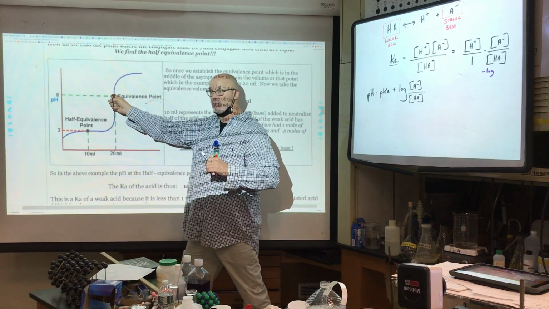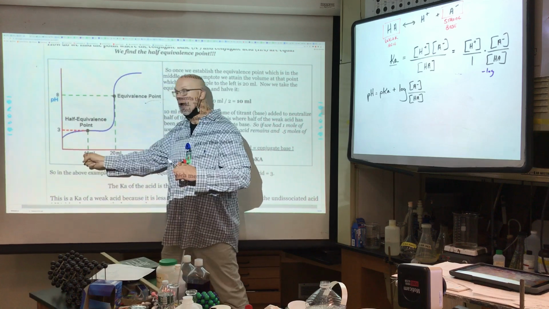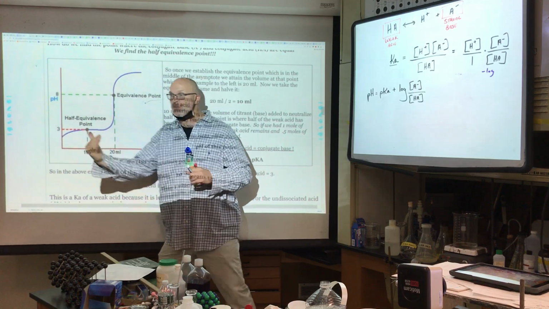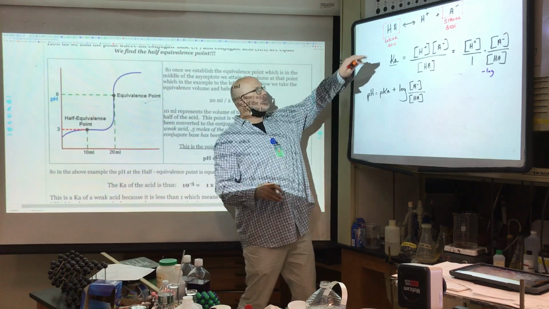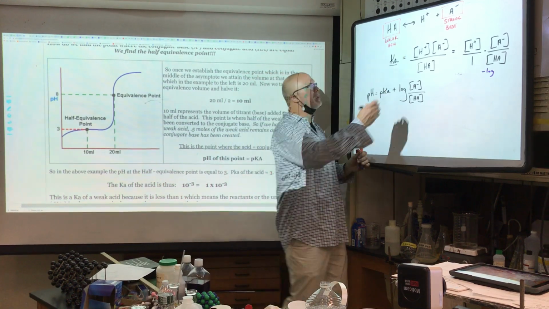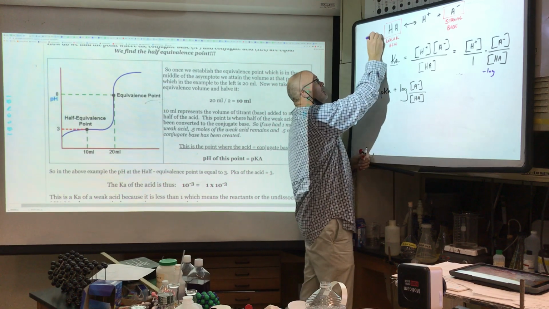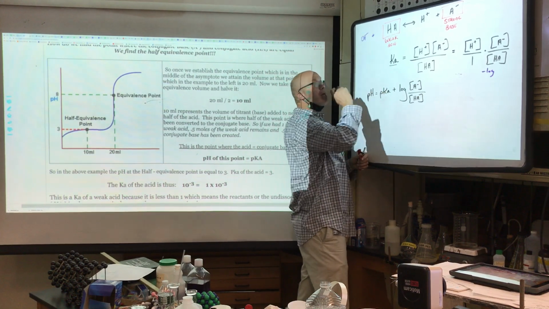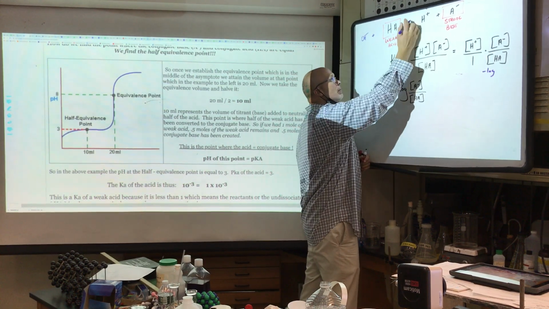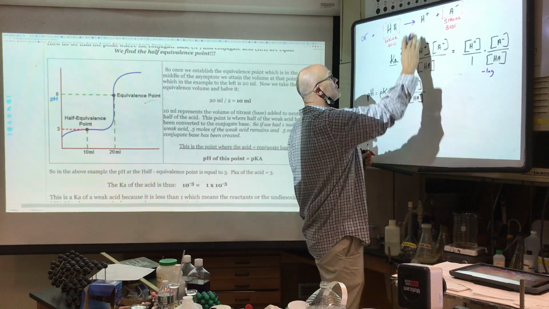We've neutralized it, right? What's half equivalence? Well, this is the volume of base that'll half titrate. Don't forget that this reaction only goes forward a little bit sitting in the beaker. But when we add a strong base to this, it's no longer equilibrium, it's a driven reaction. And we drive it into water.